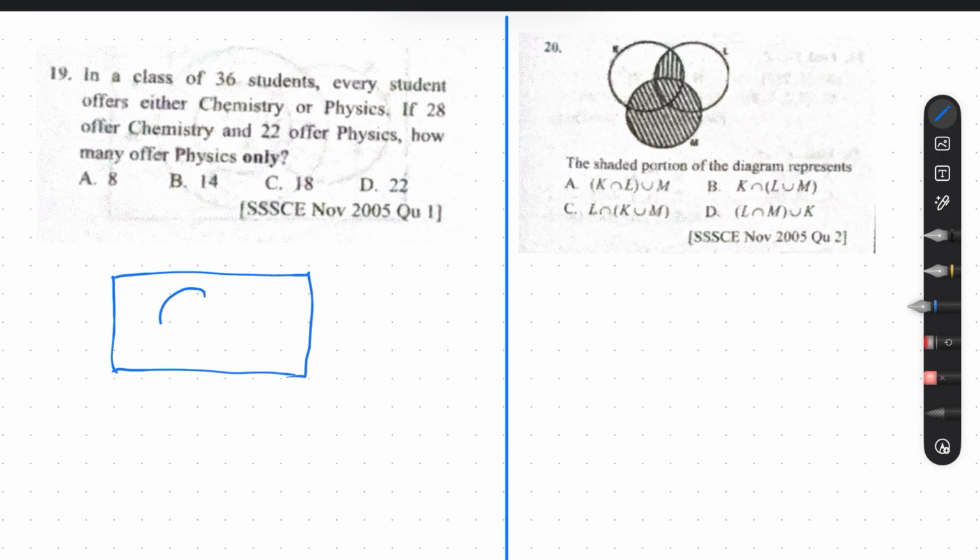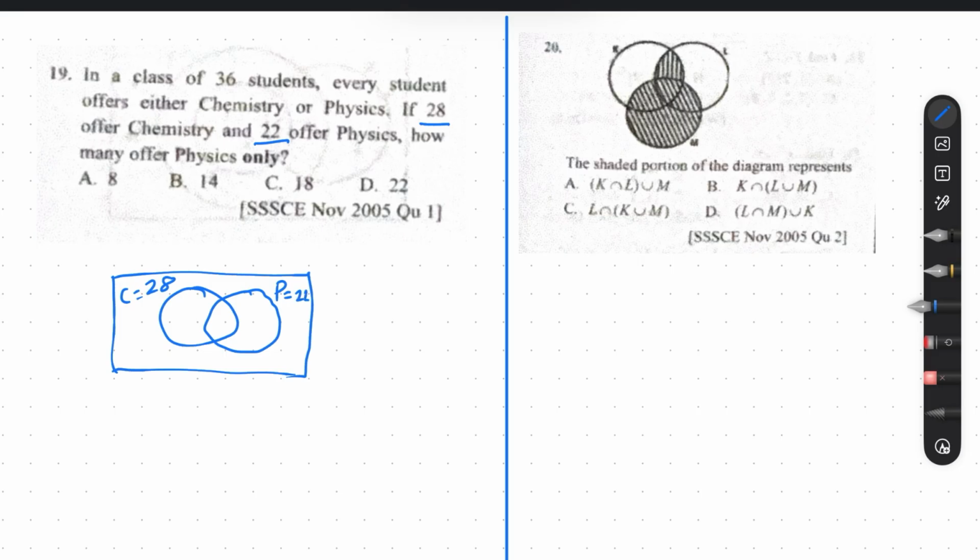So we have chemistry and we have physics. How many students read chemistry? It says 28 students read chemistry, so we put 28 right here. And then physics, how many students read physics? We have 22 students, so let's put 22 right here.